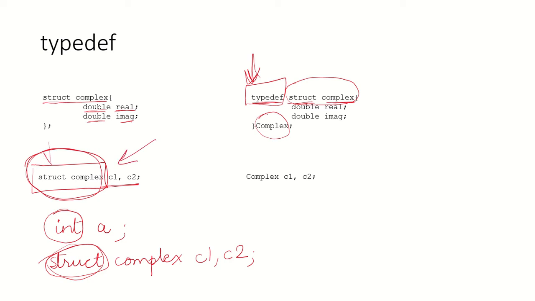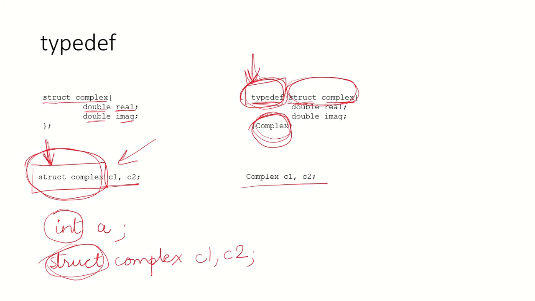Every time we don't have to use this word struct. We can simply write complex C1 C2 because we have used a typedef. That means we have defined that struct complex will further on be known only by this new name complex. So this is a user defined data type, and we can perform certain operations on it.